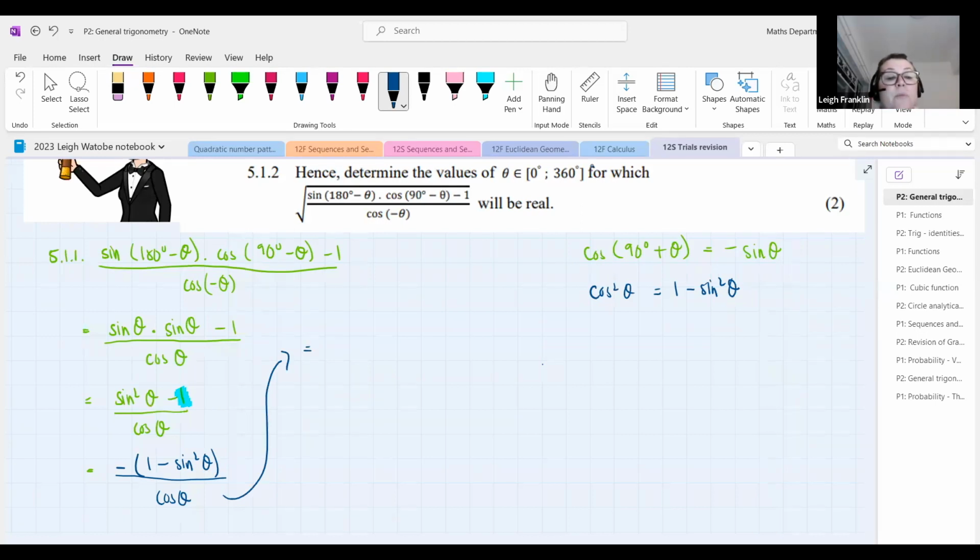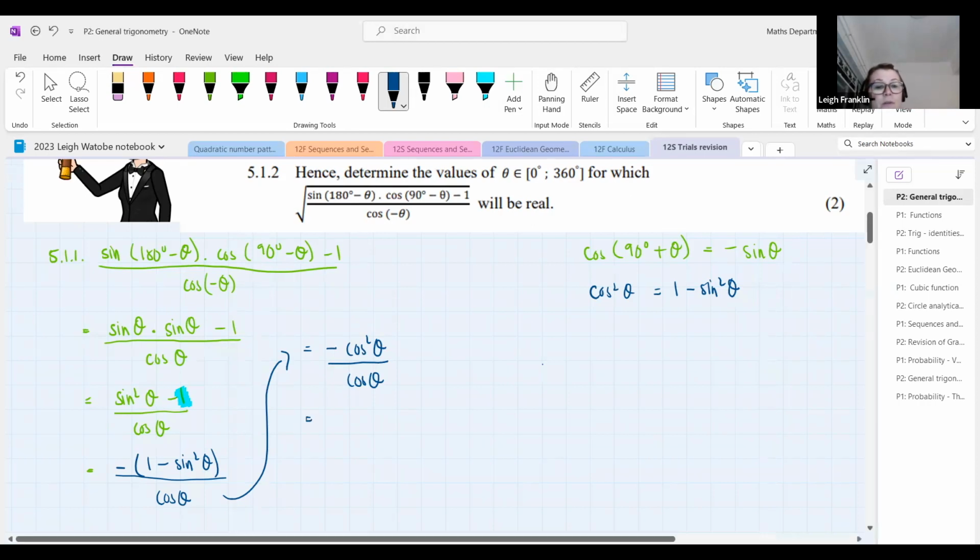So then at the top here, we'd end up with negative (1 minus sine squared theta), which is negative cos squared theta. Now we've got negative cos squared theta divided by cos theta. So this would leave us with negative cos theta. Okay, is everybody happy with that?